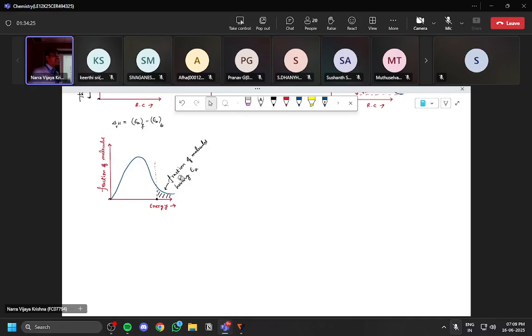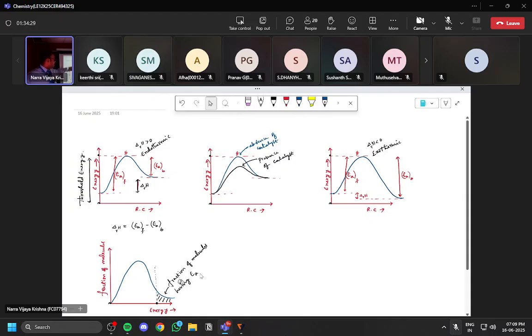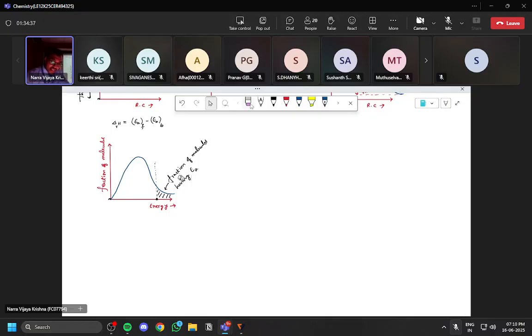Why am I writing having EA? EA is the energy required for the reactant to reach this state. These are the fraction of molecules having EA value, or greater than EA, having energy greater than EA.